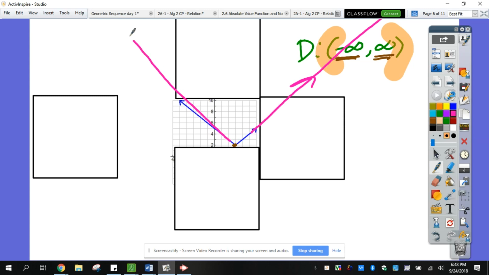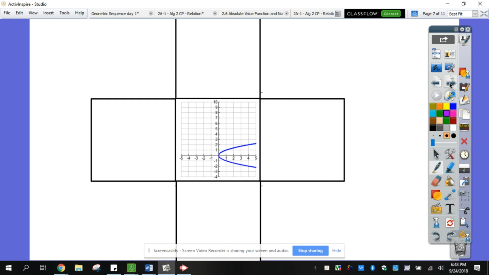So from 2 going to the positive values of y, it will never stop. So basically, it starts from the lower point. Since that's closed, this will be bracket 2, going up, never stopping, to positive infinity, parenthesis. And that's the range.